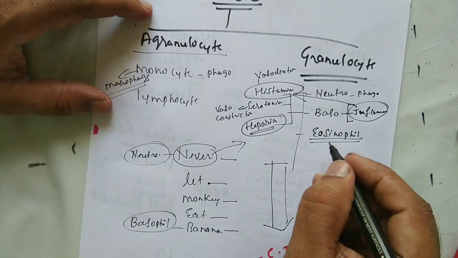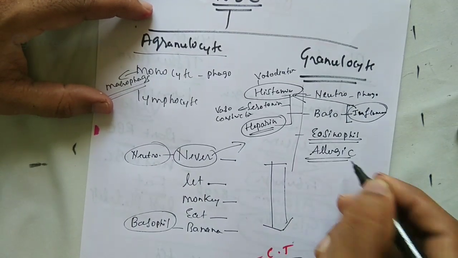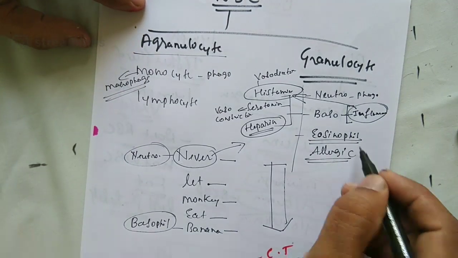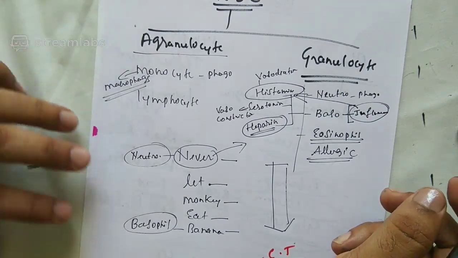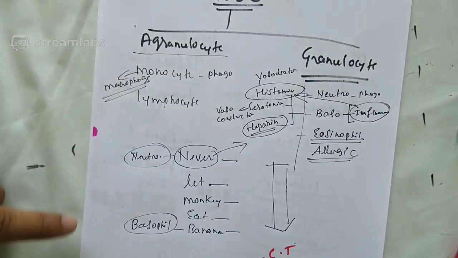Yes, the eosinophils are responsible for allergic condition. That is the reason when the number of eosinophils goes on increasing, person becomes more and more allergic. Clear? So this was regarding the granulocytes and agranulocytes.